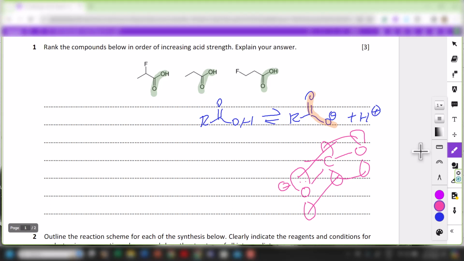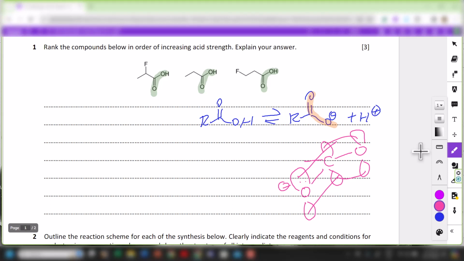Because of this stabilization, we are aware that the carboxylate anion is stabilized through resonance. Normally we say that the delocalization of the lone pair of electrons of the O minus across a C=O pi system, we sometimes coin the term resonance to describe it. So that's a little bit of revision.